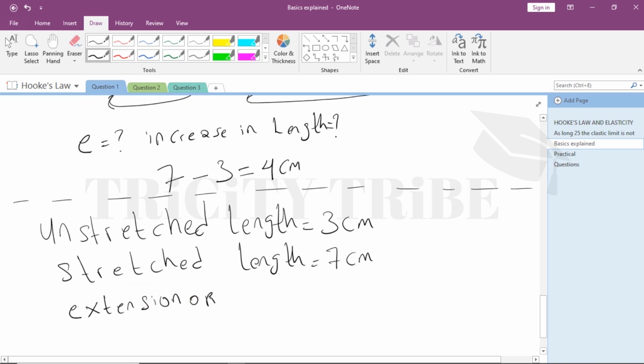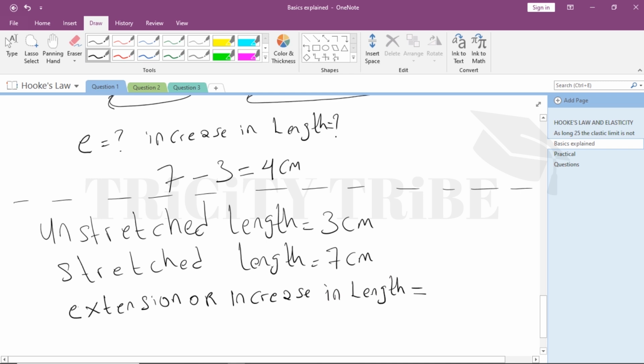Or you can say, what is the increase in length? The increase in length is 7 minus 3.